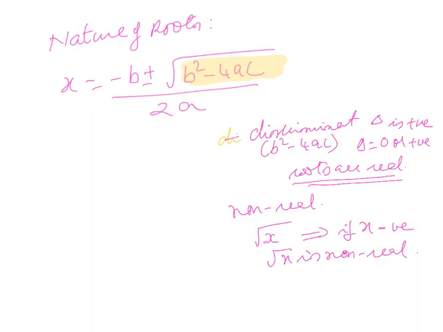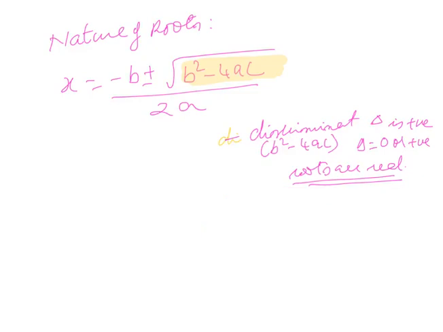In mathematics, we also call them imaginary numbers, or a new branch of numbers called complex numbers, but that is beyond the scope of our CAPS. But you must understand this non-real: if what is inside the square root is negative, then the root is non-real. Remember that one.